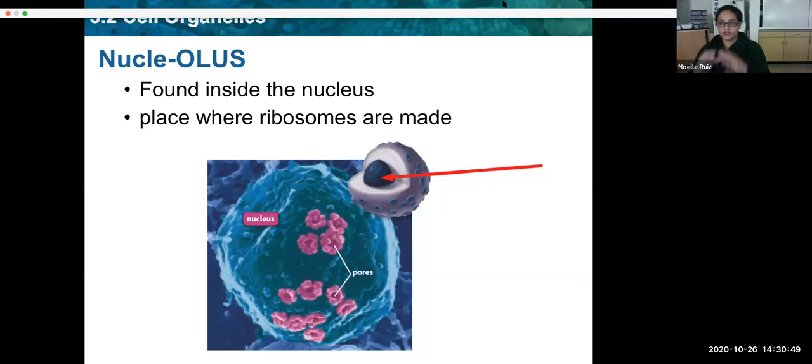You have the nucleus in the center that's bigger, but then in the middle, you have the nucleolus. You guys have to distinguish between the two when you pick out the parts of the cell. And also the different functions. This is where ribosomes are made. That's its job, that's its function.